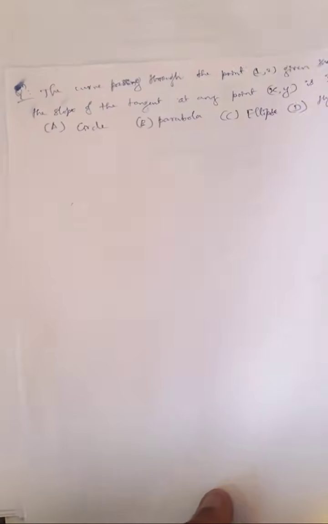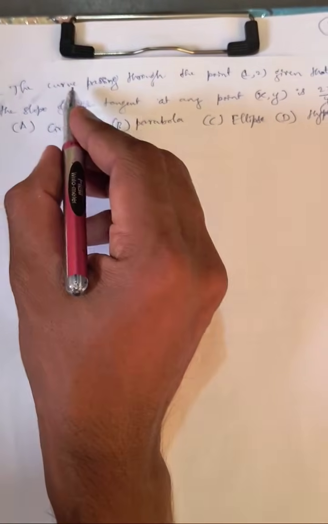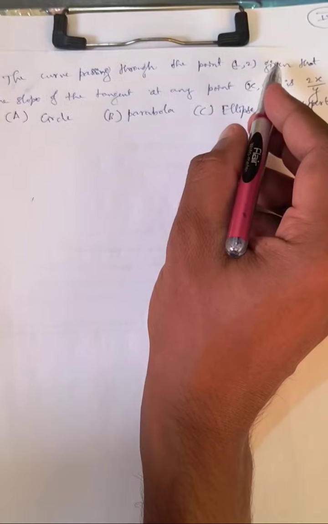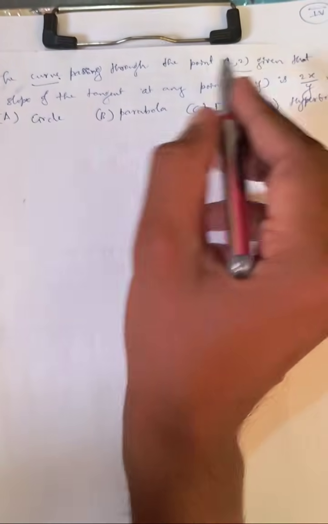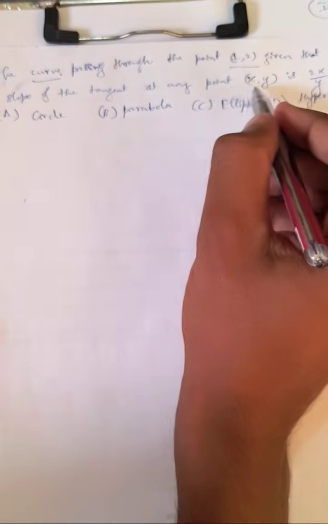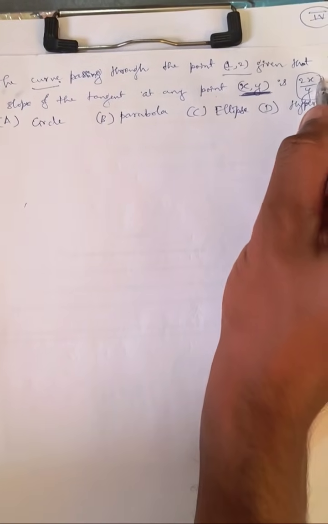So the last question is: the curve passing through the point (1, 2), given that the slope of the tangent at any point (x, y) is 2x divided by y.